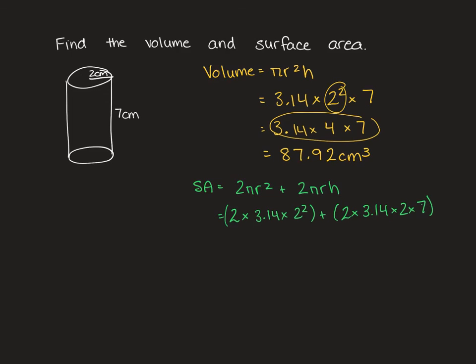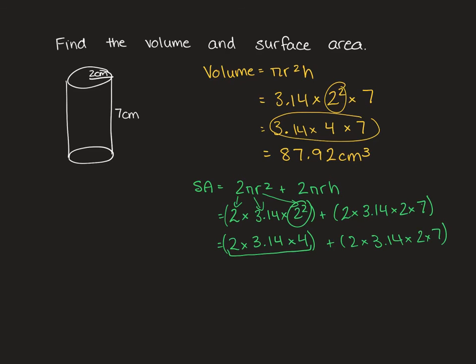So now we substitute what we know. So we keep the 2, pi is 3.14, r squared is 2 squared. 2, pi becomes 3.14, r becomes 2, h becomes 7. So we're going to solve for our exponent. The only thing that's going to change is the 2 squared will become 4. And then we'll write everything else that's in our brackets. My next step is to do all the multiplication that's in the brackets.